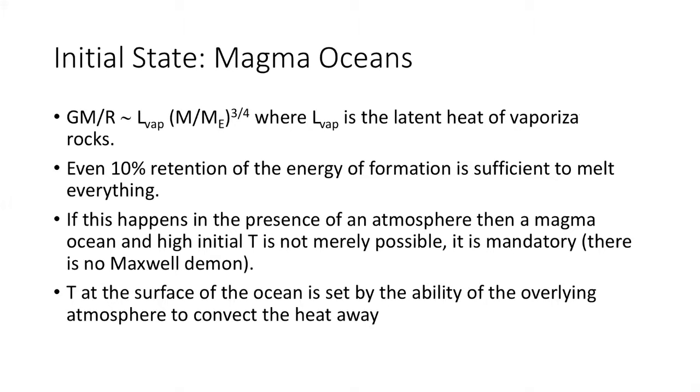And here's the key point. If you have an atmosphere there as well, then that prevents the planet from efficiently cooling. And so in the absence of Maxwell demons, there is no way of avoiding a hot initial state. A hot initial state for a planet like this is mandatory. Not just possible, mandatory.